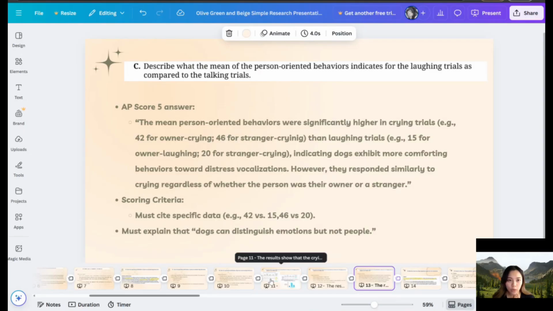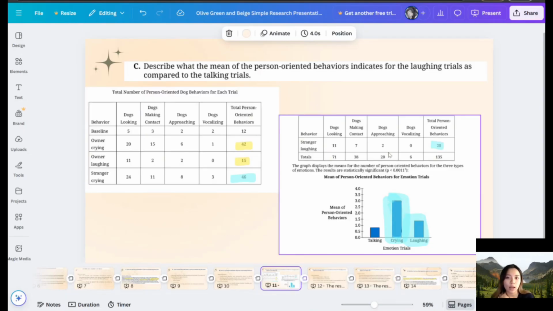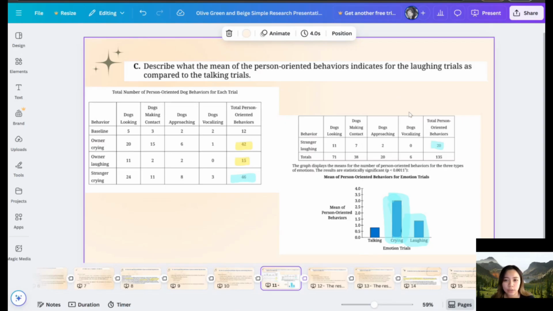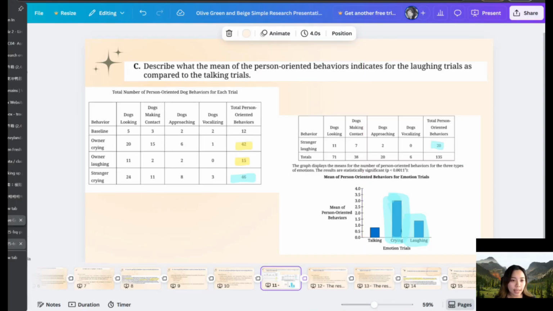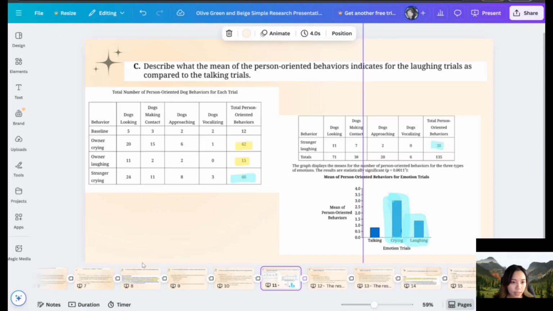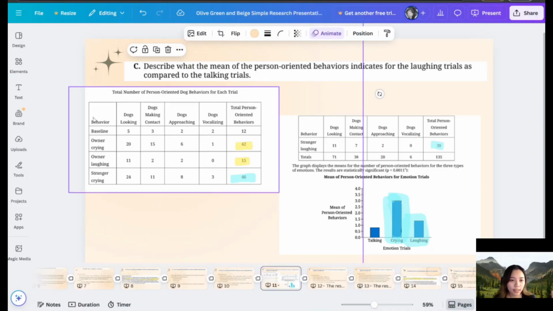Okay, before we go to question D, you might wonder: the question said you need to compare the laughing trials to the talking trials. Why are you comparing between crying and laughing? The reason is that in the PDF in the question set, they didn't mention what the talking trials are.